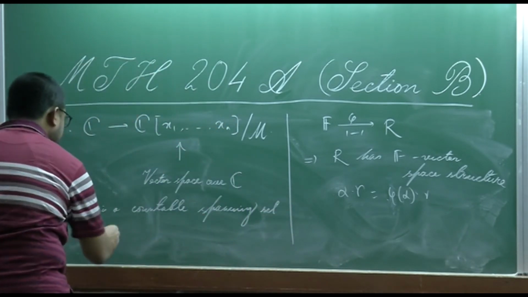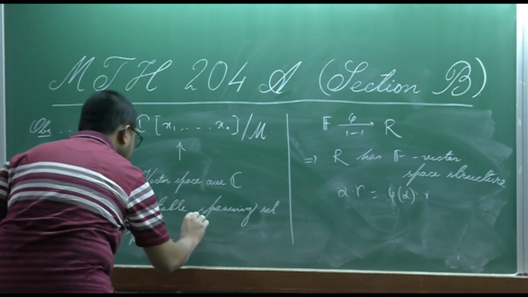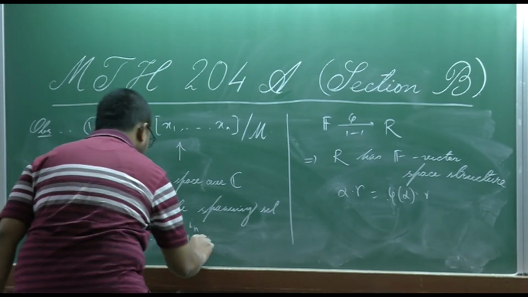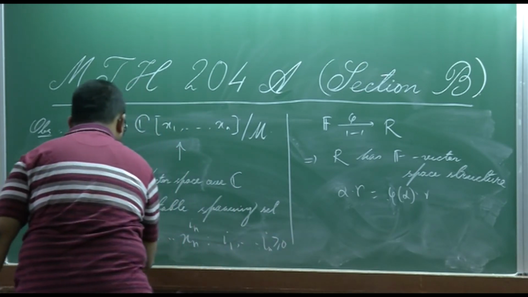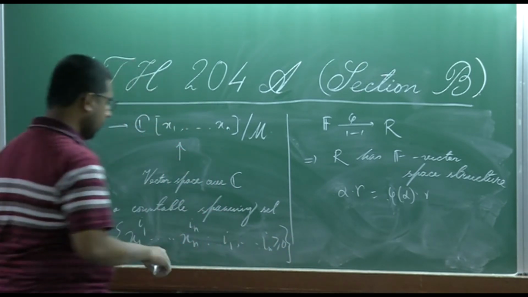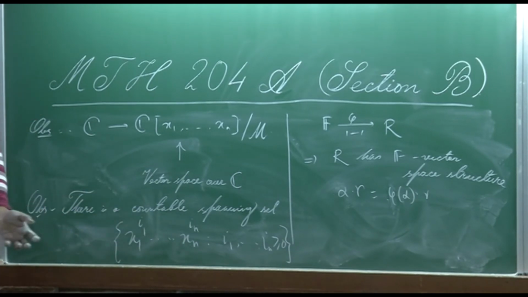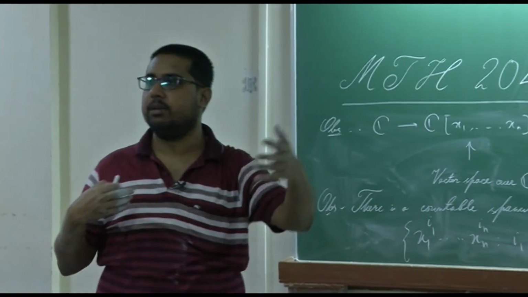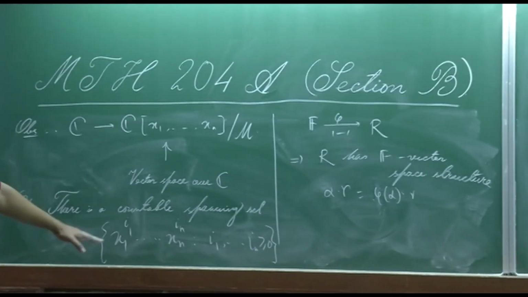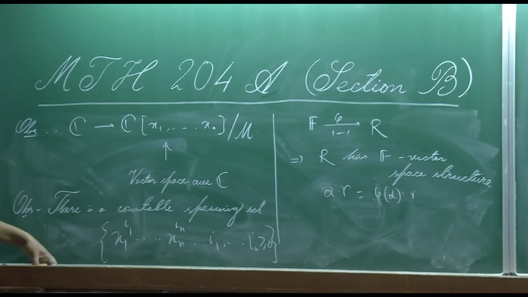That is actually quite obvious. Why do not you just take all the monomials of this form where i1 up to in are non-negative integers. Given any tuple i1 up to in of non-negative integers, we get a monomial. Such tuples are countable in number. So, therefore, this is a vector space which is having a countable spanning set.